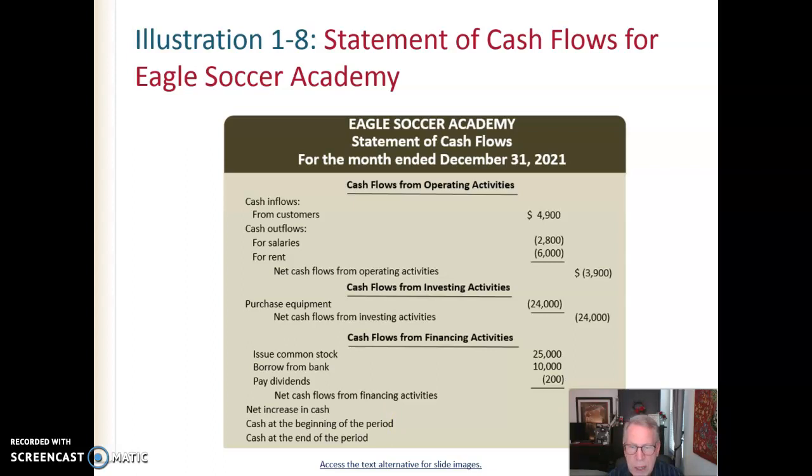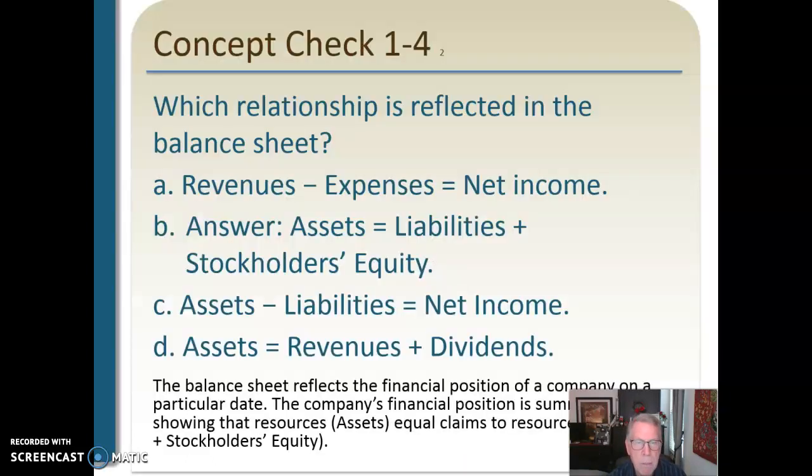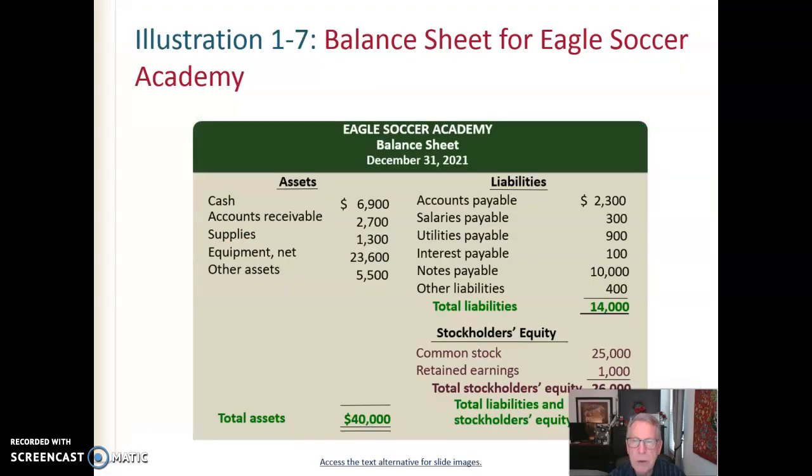And then we add the net increase in cash to the beginning cash, and we get the cash at the end of the period. And that's $6,900. I'm going to go back to show you that that's going to tie out to the cash that we report on the balance sheet.